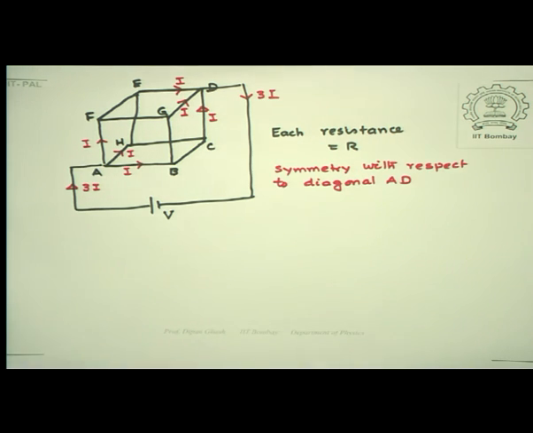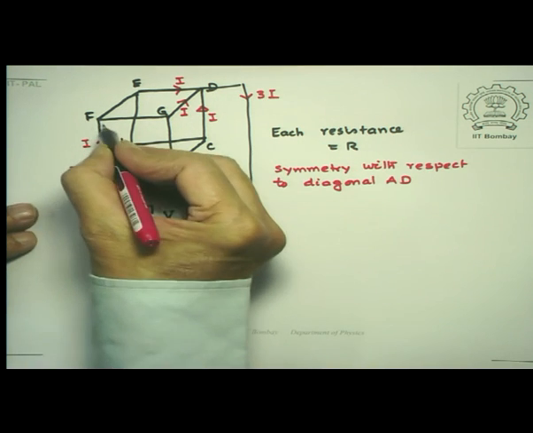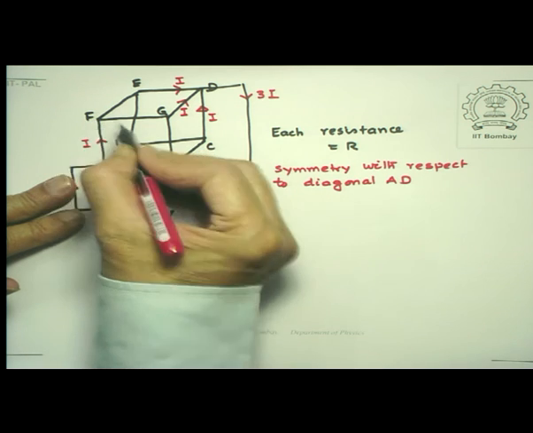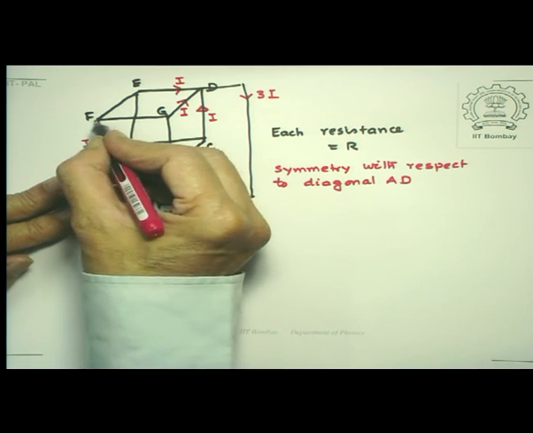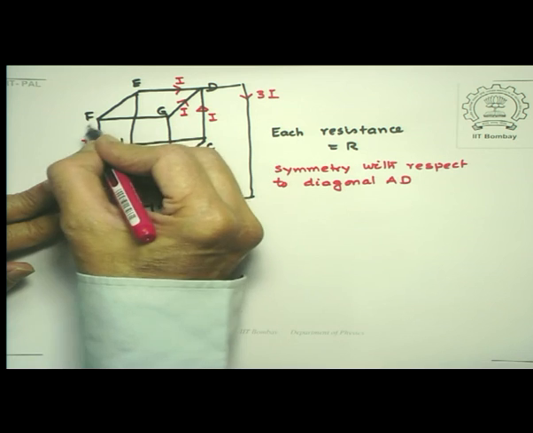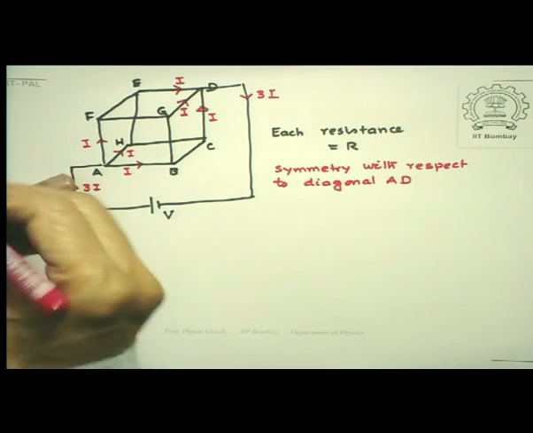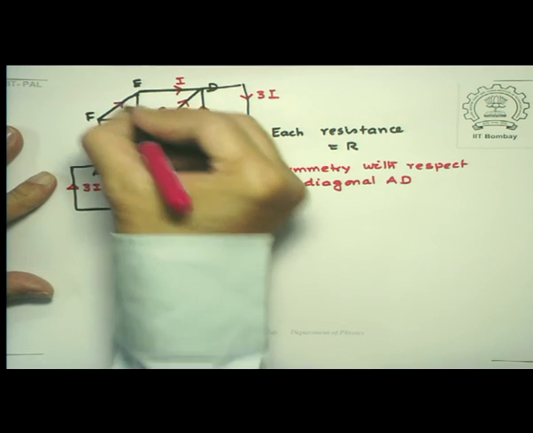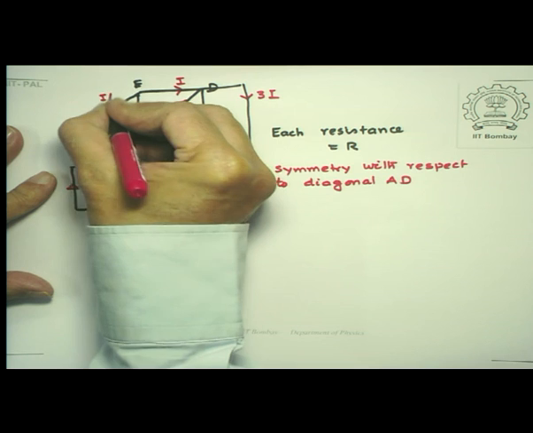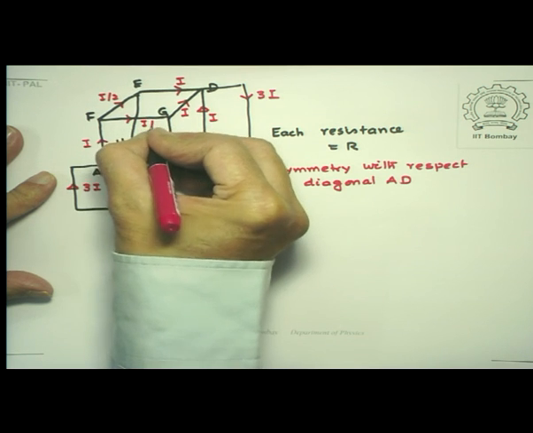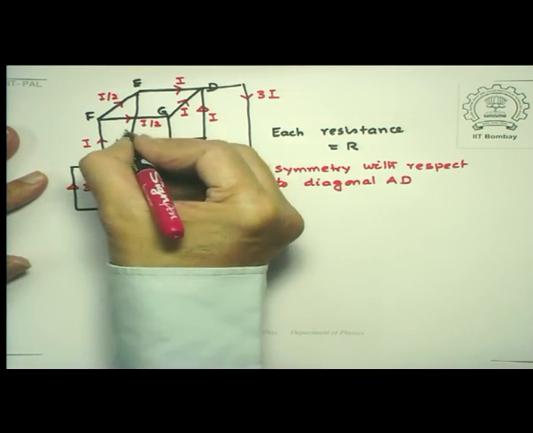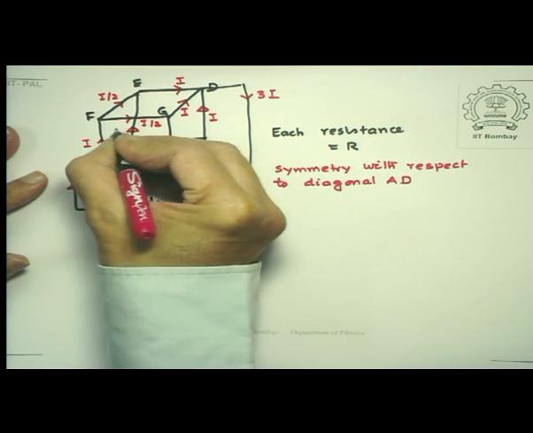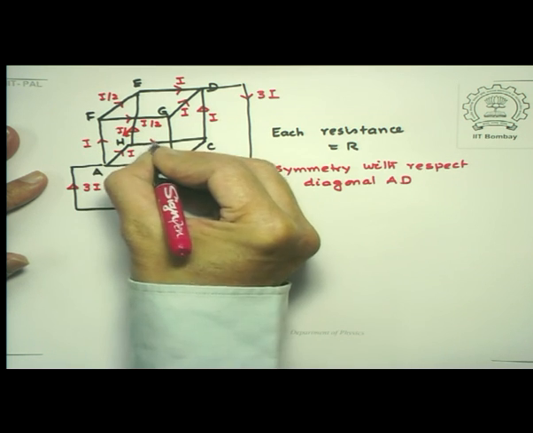Now, when the current I arrives at a point F, because of the fact that the arms FG and FE are symmetrical, these will have I by 2 each. And likewise, the current reaching H will divide into 2, that's also I by 2, and this will also be I by 2.